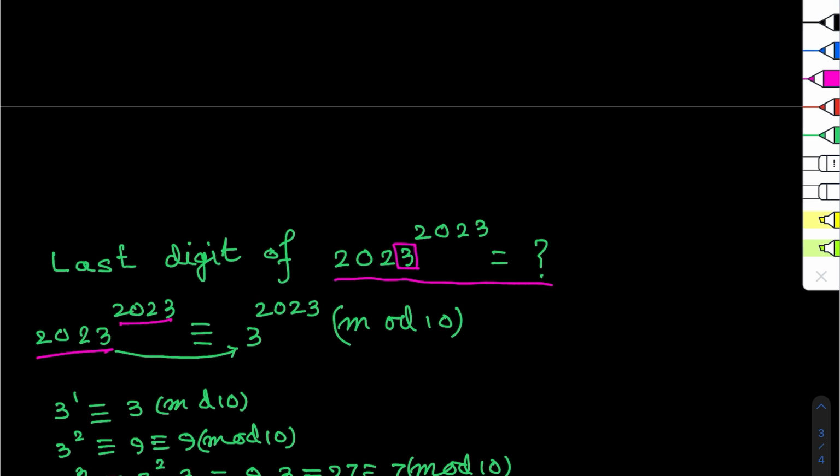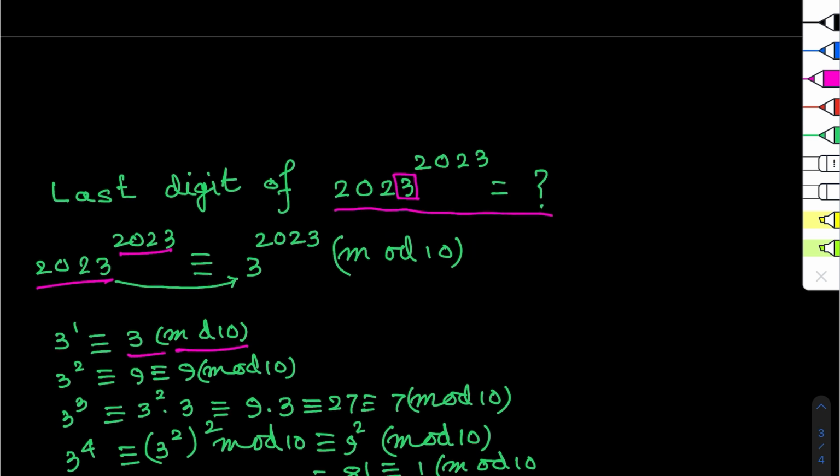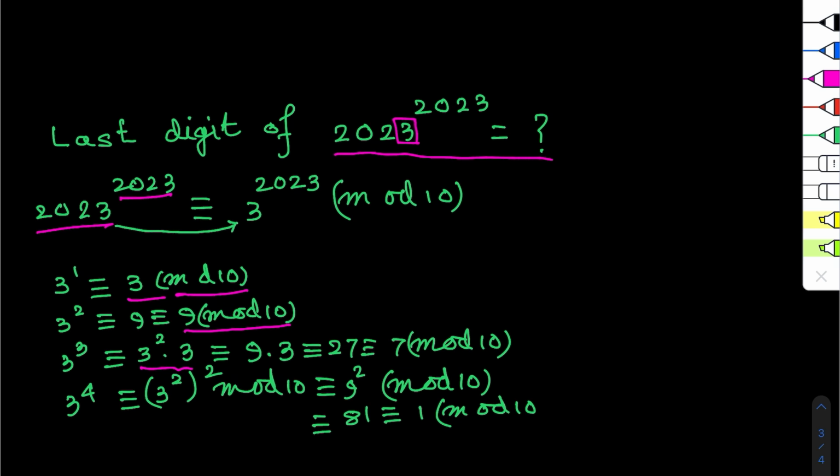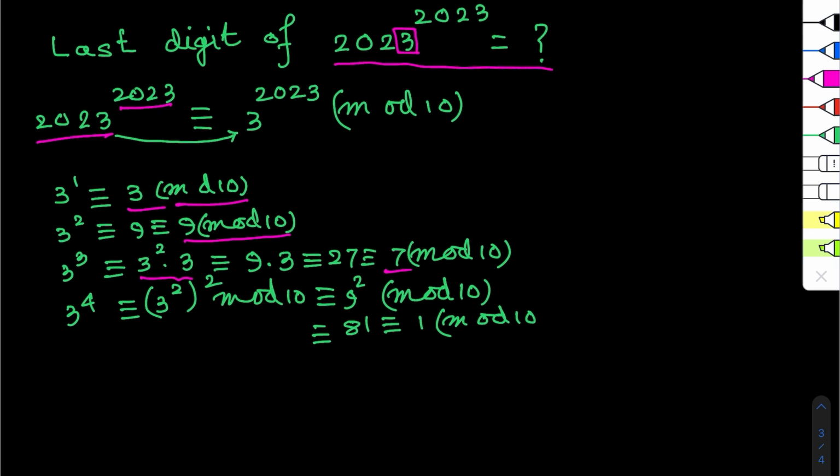For 3 to the power 1, 3 is the remainder. For 3 to the power 2, that is 9, 9 is the remainder when divided by 10. For 3 to the power 3, that is 3 squared into 3, 9 times 3 is 27, so 7 is the last digit or the remainder when divided by 10.